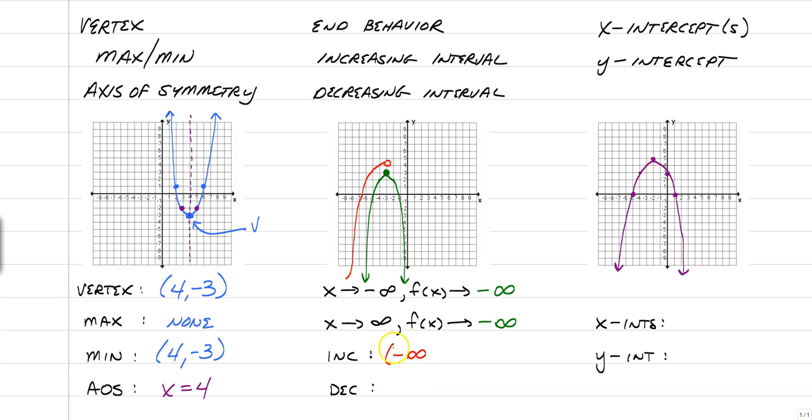Here's your notation. When we're talking about interval notation, a parenthesis means that -infinity is not included because you can't get to -infinity. And it stops increasing at -3. So that means this graph increases from -infinity to -3, and of course we're talking about our terms in x.